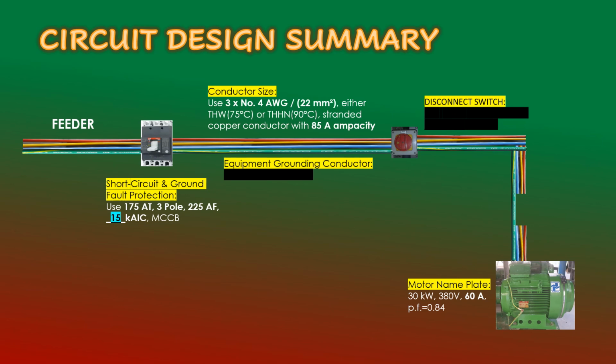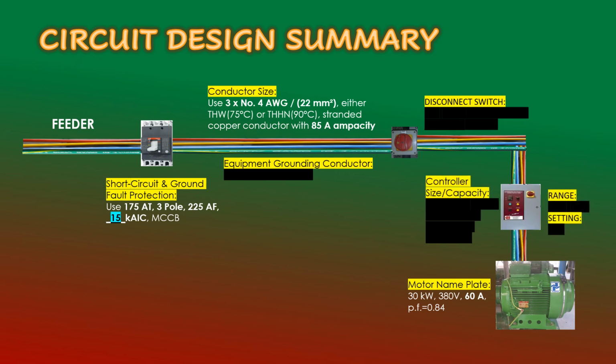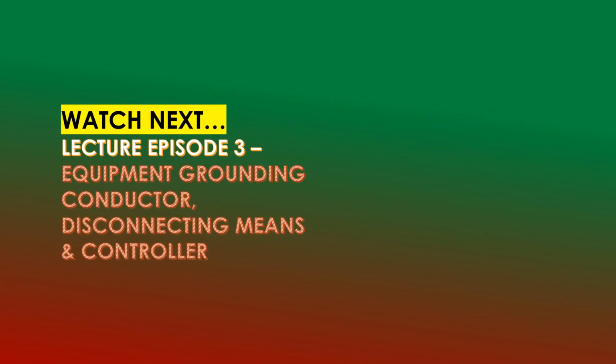Now remaining is equipment ground conductor, disconnect switch, motor controller, and the motor overload. So what is in the blank? These are the things that we have to calculate in the next episode. So what's next? Lecture episode 3 about equipment grounding conductor, disconnecting means, and controller.